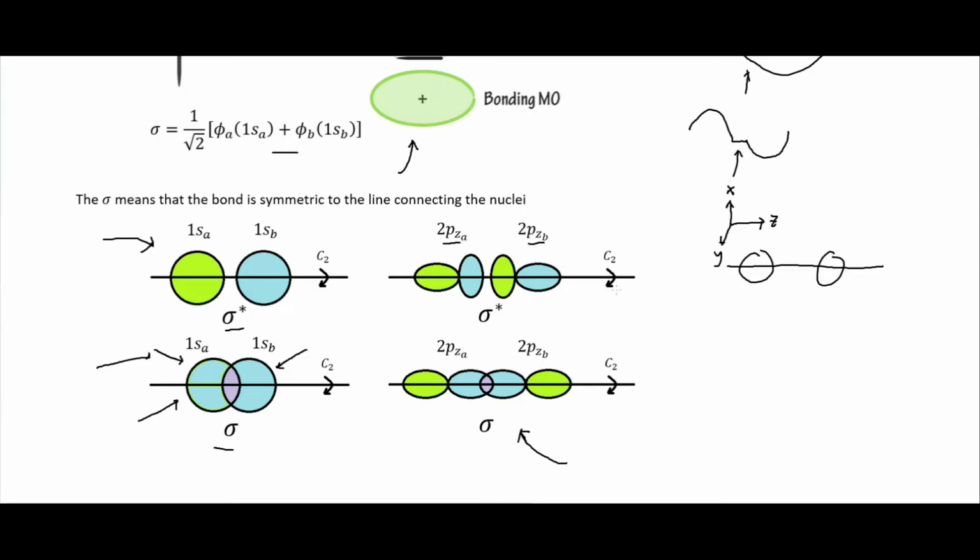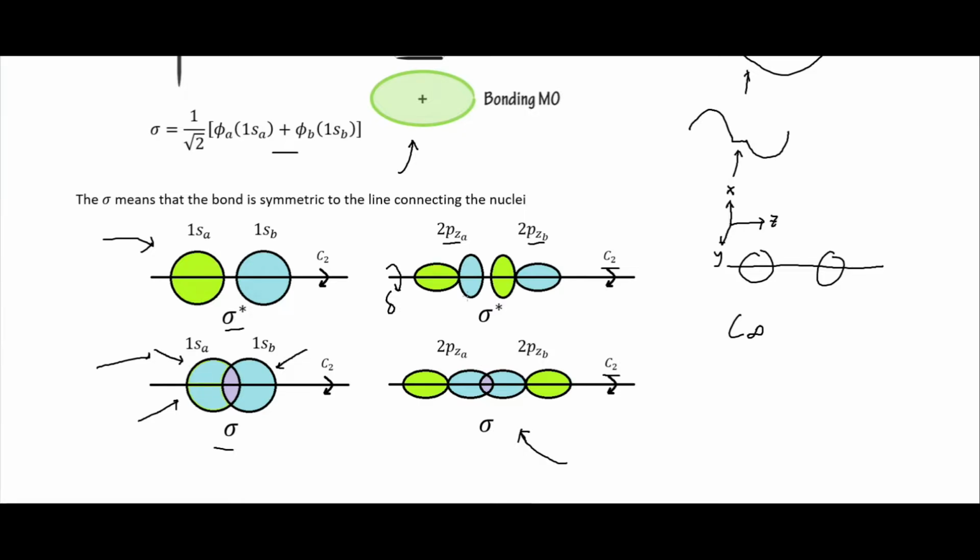The other thing to notice too, I have here this C2 symmetry. It's actually the case that a pz orbital and an s orbital have a C infinity symmetry, because you could turn this around by any amount, any delta amount here, and you would get the same thing.